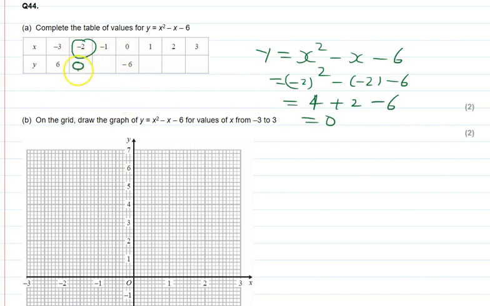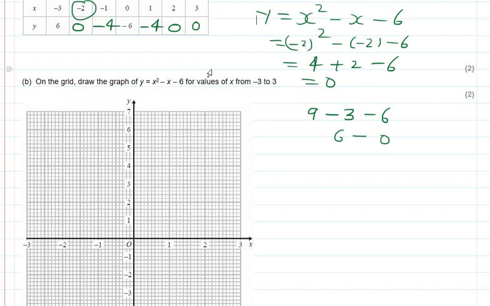Similarly this value will be minus 4, and if we put 1 here, it is minus 4, and for 2 again it is 0. And for 3, 3 square is 9 minus 3 minus 6. 9 minus 3 is 6, 6 minus 6 is 0.